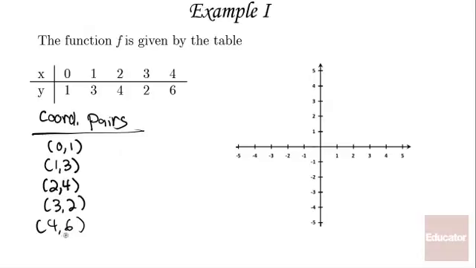So double checking that I have all these correct and that my x values are first and that my y values are second, I'm going to look at my coordinate plane, and my first value is 0, 1. Therefore, I'm at 0 on the x-axis and at 1 on the y-axis. That is for my first coordinate pair, 0, 1. For my second coordinate pair, x is 1 and y is 3.